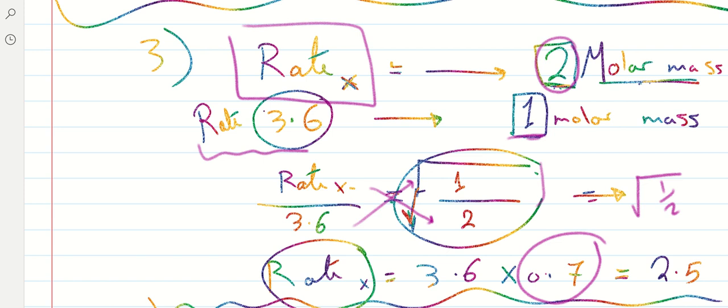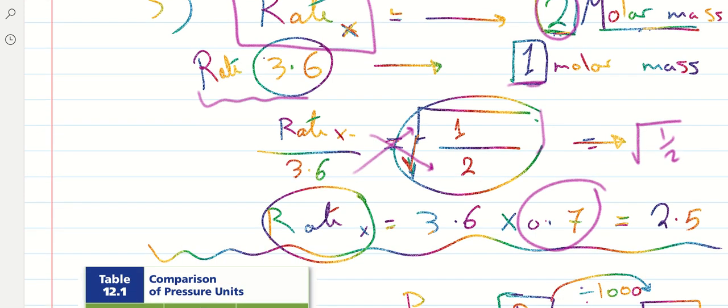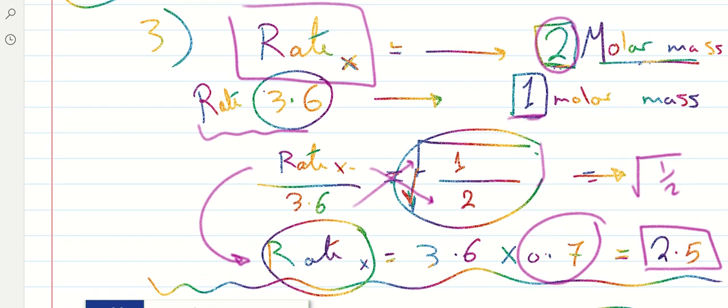Just simple multiplication because you just rearrange the formula. So rate X will be equal 3.6 times 0.7, and the answer will be 2.5. So the rate of gas X, rate of effusion of gas X, which we don't know what is gas X, but that will be the rate of effusion of it, which is 2.5.